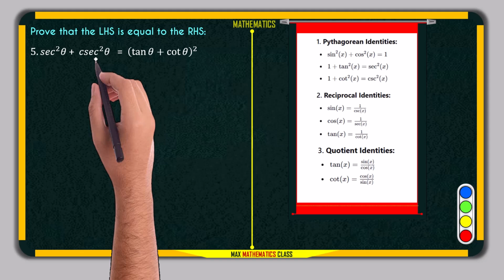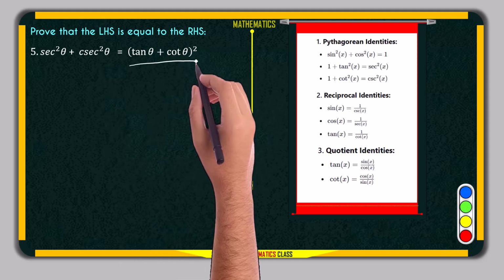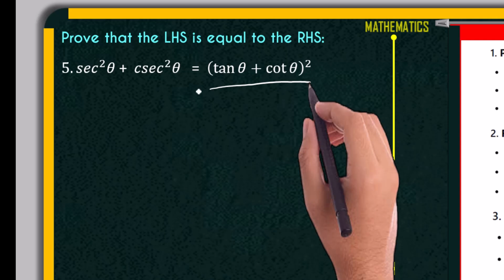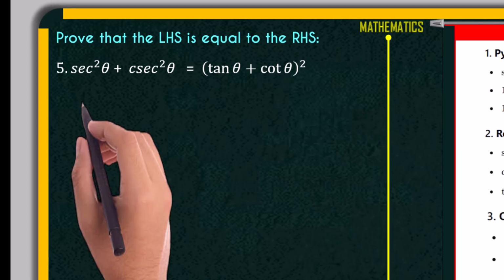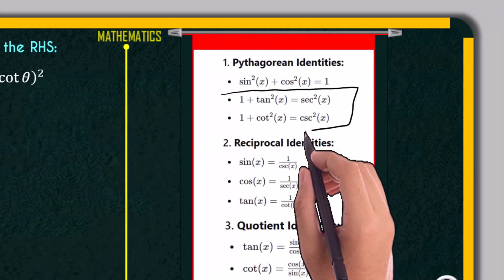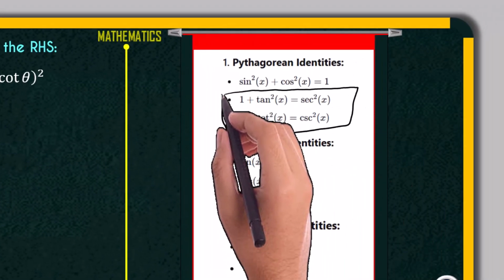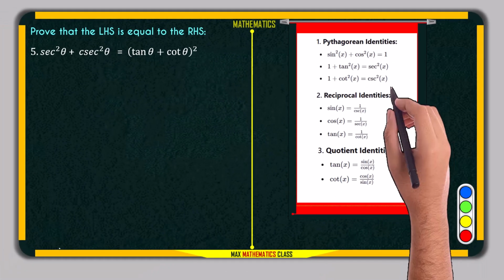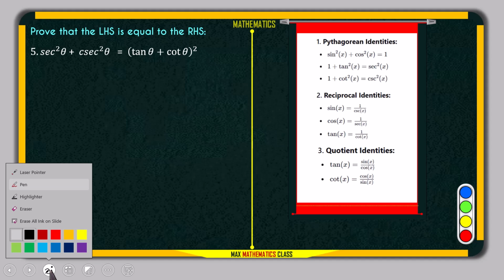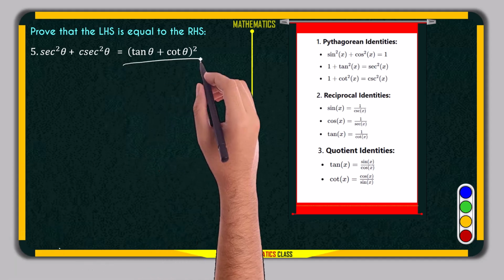So this time around, let's take the right hand side here and expand it. But know that we are going to make use of these values here. These are the ones we are going to use. So take note of that. So we are going to take the right hand side now to make it the left hand side.